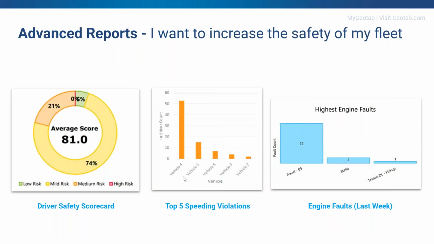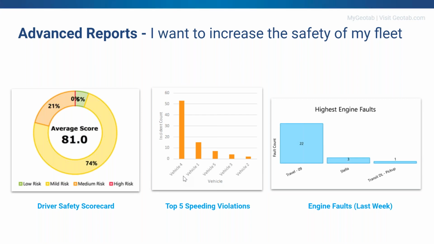Some of the common requests I hear from my customers are, I want a report to increase the safety of my fleet. That request in particular lacks specificity in terms of goal. I will add by how much you want to see this change.